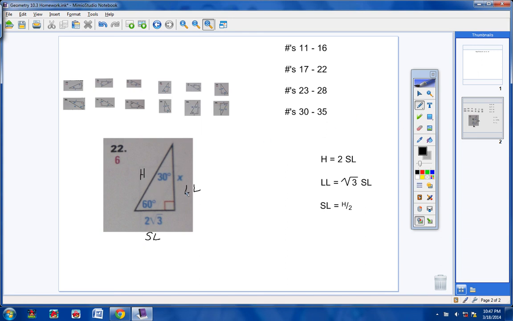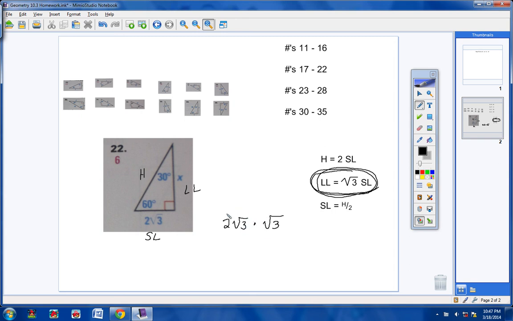Now, anytime you're looking to find the longer leg, you always multiply the shorter leg by the square root of 3. Always. So here's my shorter leg, 2 square root of 3, and I'm going to multiply that by square root of 3. Now this really should not freak you out. It's pretty easy. I mean, we've multiplied radicals times radicals before.